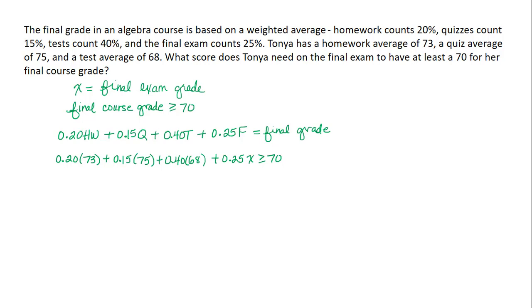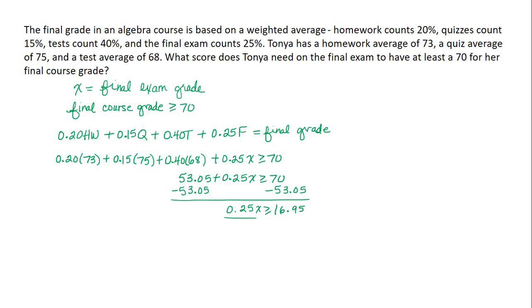Simplify on the left, and when we add those terms together, we get 53.05 + 0.25x is greater than or equal to 70. Now subtract 53.05 from each side to get 0.25x is greater than or equal to 16.95.